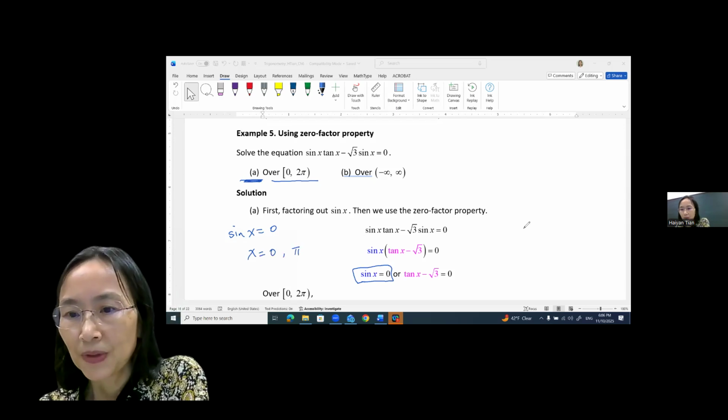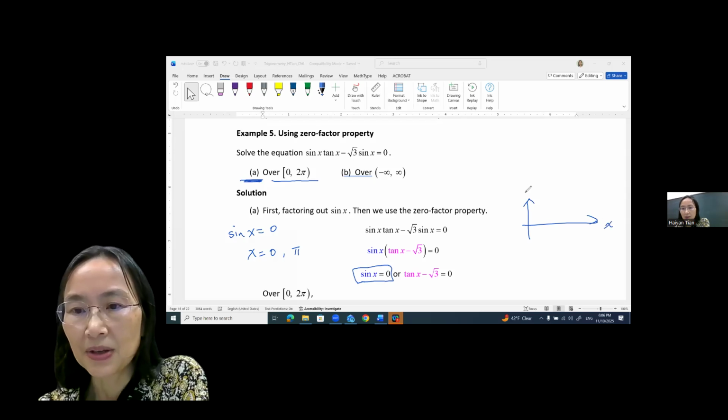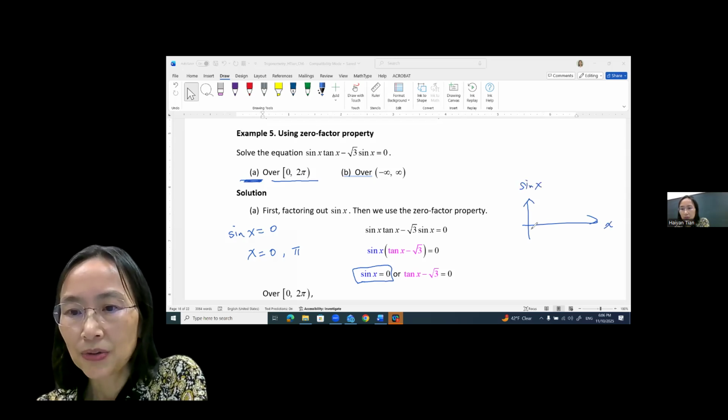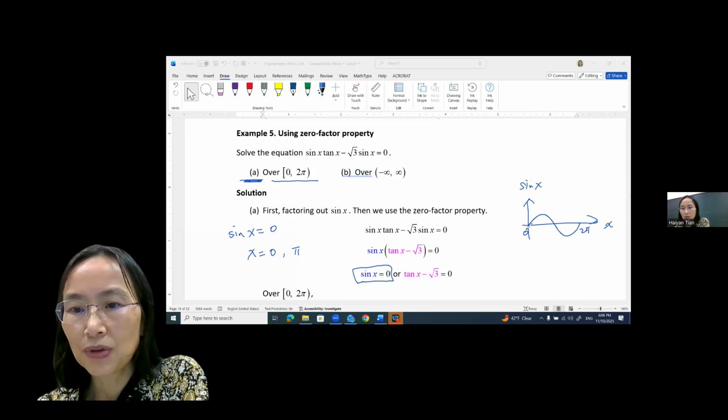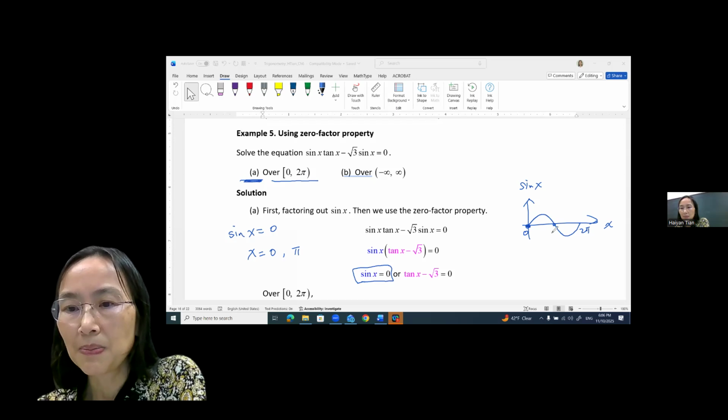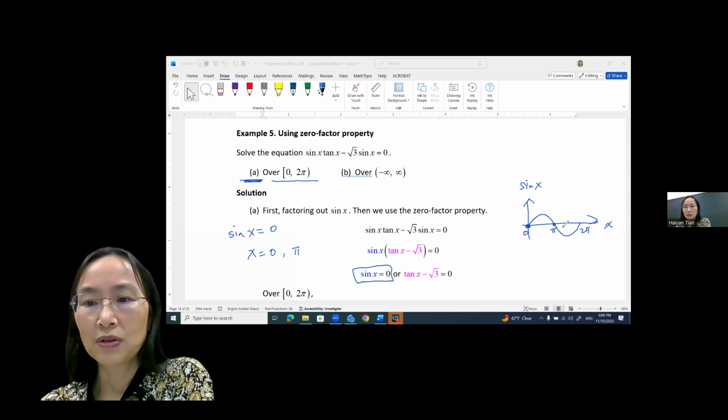If you just recall the sine curve, you can draw sine x from 0 to 2 pi. And you can see that when x is 0, when x is pi, we have two solutions.